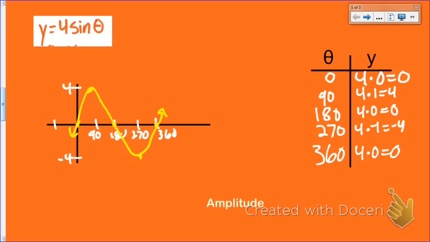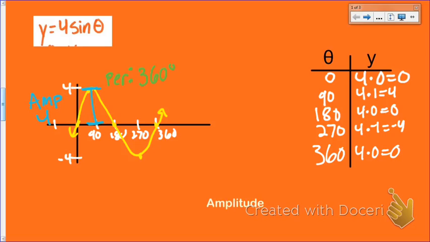So there's one cycle of my sine wave. If I look at this one cycle, my period is still 360 degrees. That didn't change from my parent function. What did change, however, is my amplitude. So my amplitude is now 4.